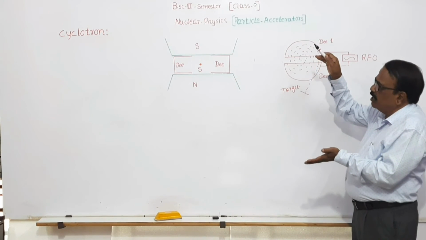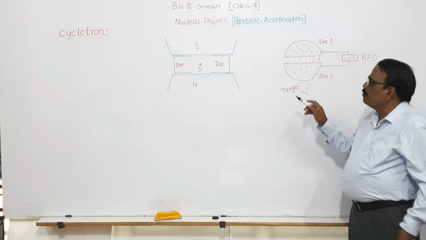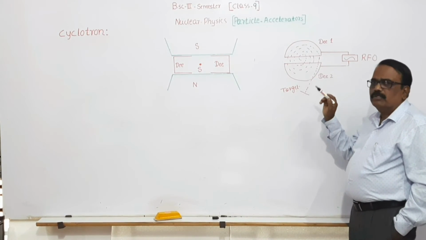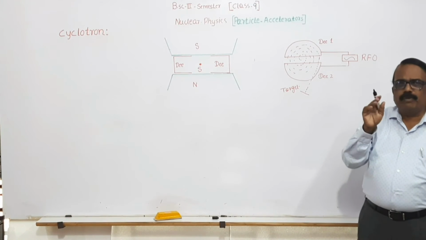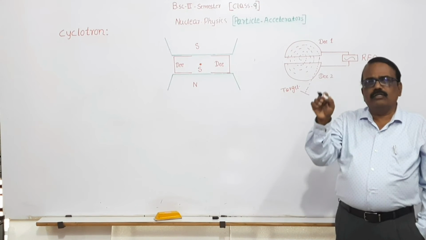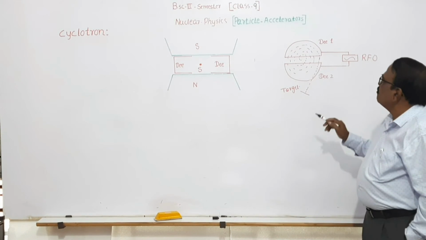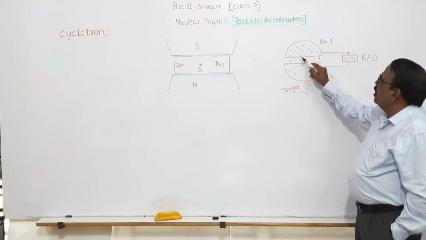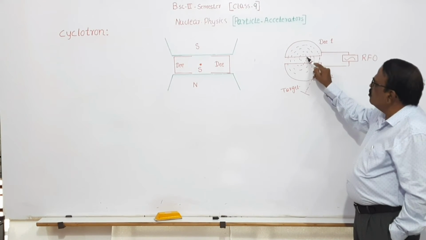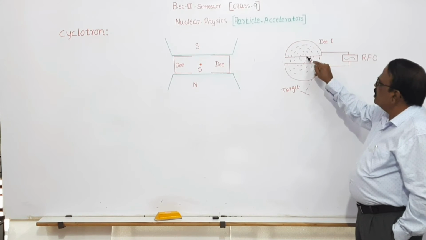Since a magnetic field is applied perpendicular to this, it goes along the circular path. We know that if a charged particle is placed in a magnetic field, it goes along a circular path. Then inside D1 it travels along the circular path and comes to the end.